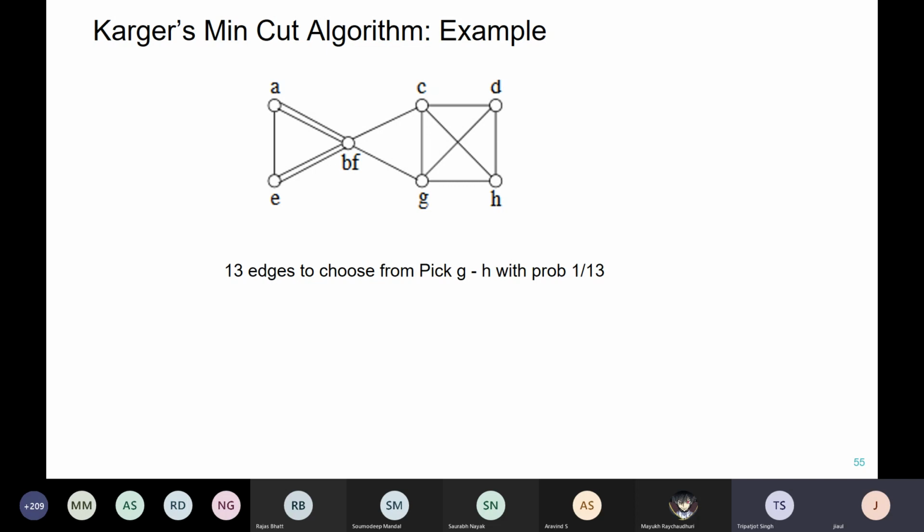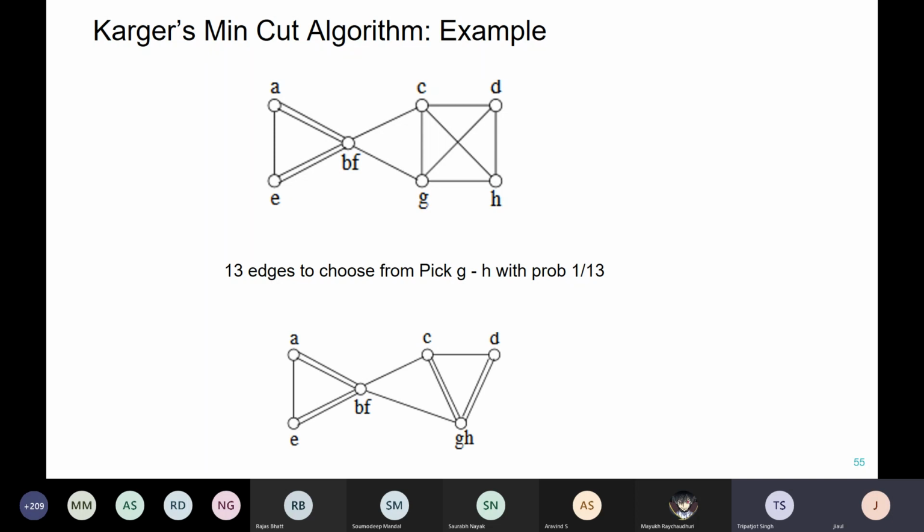So say we pick the edge GH with that probability, and of course the probability will be 1 by 13 because there are 13 edges and there is only one edge between G and H, so it is 1 by 13. Okay, so you choose, say, for example, G and H, and then you contract these two edges again.